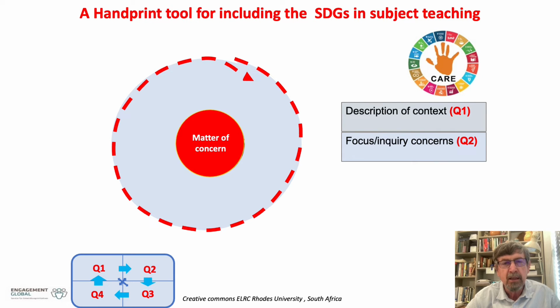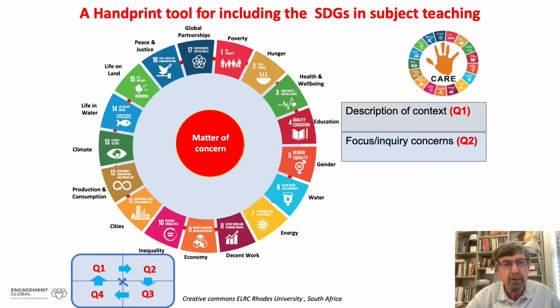And then using a story approach, a real world approach, what we started to look at was, what are the focus for this inquiry and these concerns? And we came up with this Sustainable Development Goals Wheel, where in many of the projects, we just gave this to the students and they did their own research on how do their concerns play out in terms of these Sustainable Development Goals.